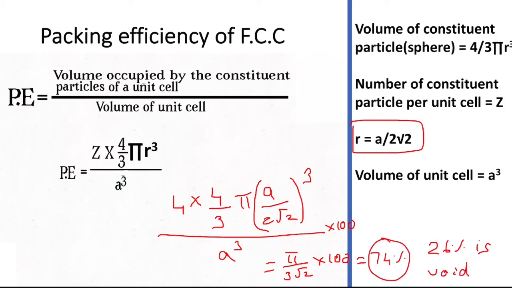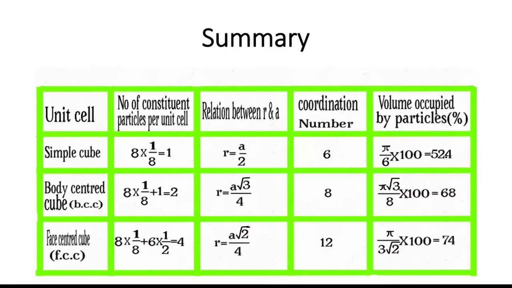74% is volume occupied. So here is a total summary of the simple cube, body centered cubic cell and face centered cubic cell, where the volume occupied is 52.4%, 68% and 74%. The volume not occupied becomes voids or spaces or holes.